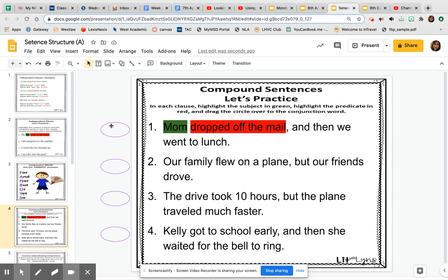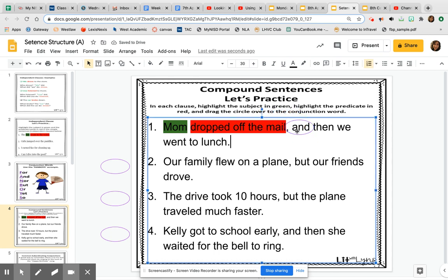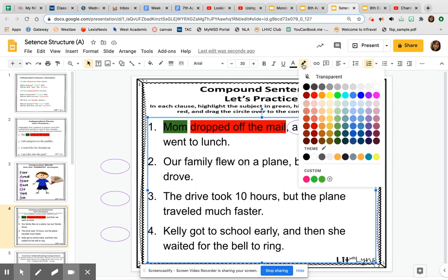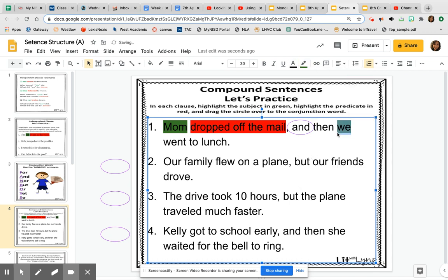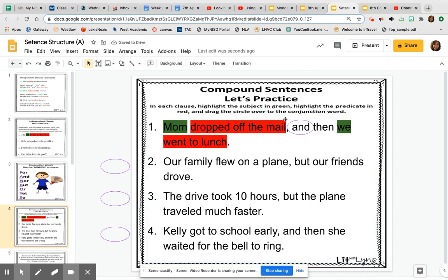What connects our sentences? We're going to drag this circle over our conjunction. And our conjunction is and. Okay? So and. And then we have another subject, we. And what did we do? We went to lunch. So it's a compound sentence because it has more than one clause.